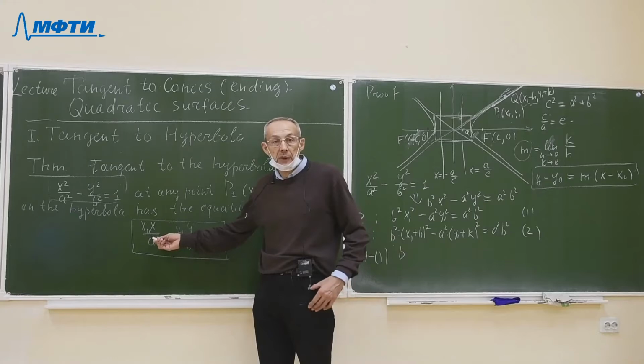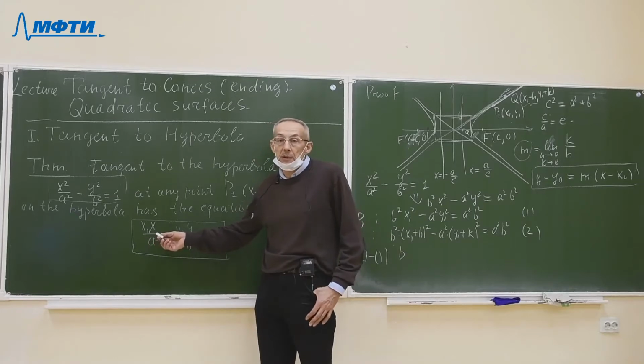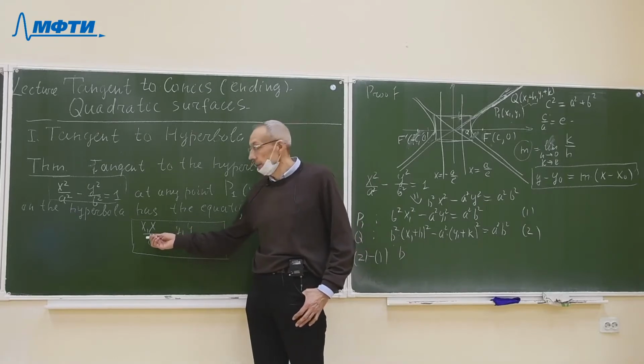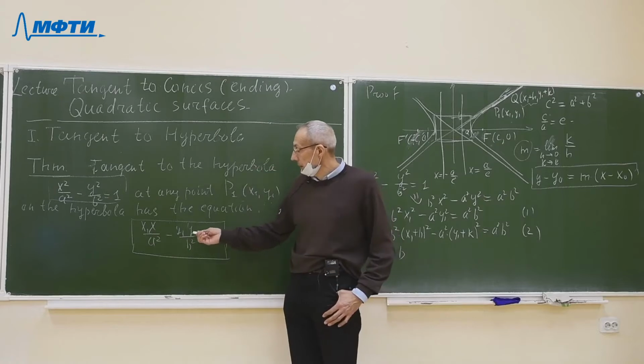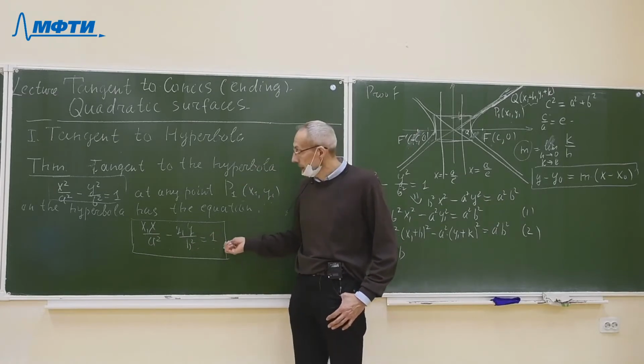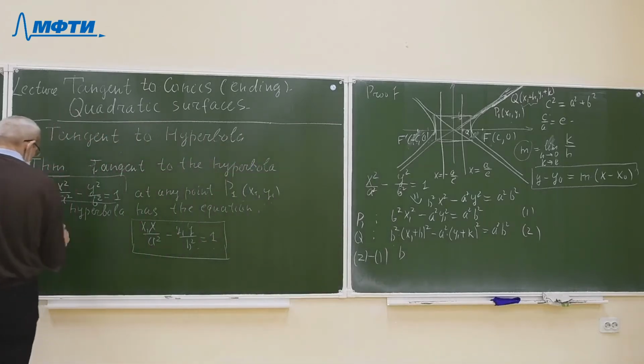This equation is the same as in the case of the ellipse and has the following form: x1 times x divided by a square minus y1 times y divided by b square is equal to 1. That is the equation of the tangent.